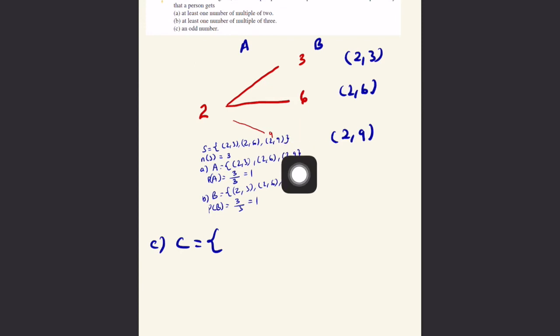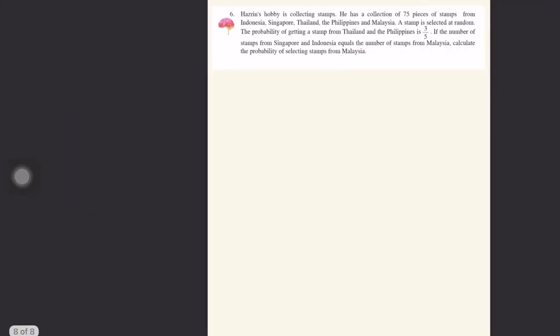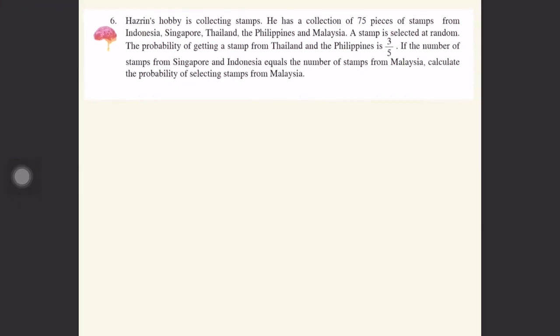There is the number 3. So 2, 3. In 2, 6, is there an odd number? None. 2, 9 has 9. So 2, 9. So the probability of C, how many do we have? 2. 2 out of our sample space of 3. So our answer is 2 over 3.